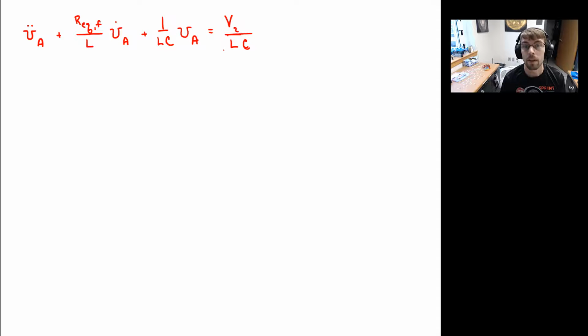Now we have a couple of different ways that we can go at this. One way would simply be to take another time derivative. You notice that we have an inhomogeneous equation.